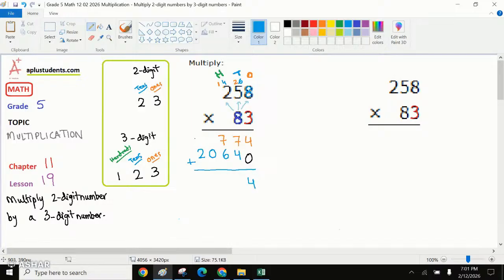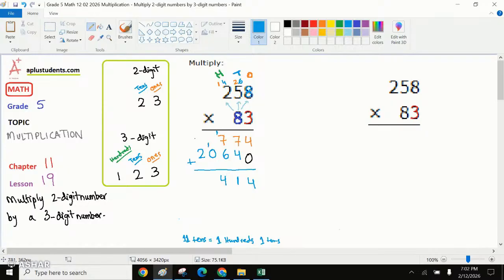When we need to add them together, 4 plus 0 is 4. 7 plus 4, that means we have 11 tens, right? We know that 11 tens can be written as 1 hundred and 1 ten. So 7 plus 4 would be 11, there is 1 ten and 1 hundred. 7 plus 1 is 8. 8 plus 6 is 14.